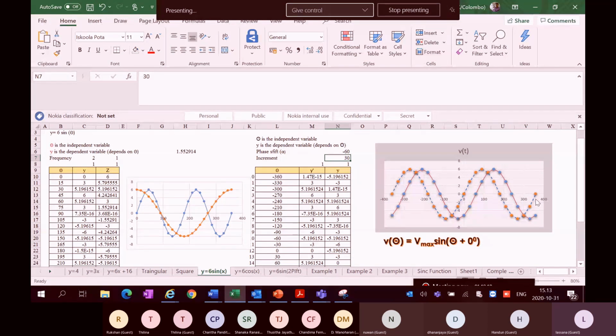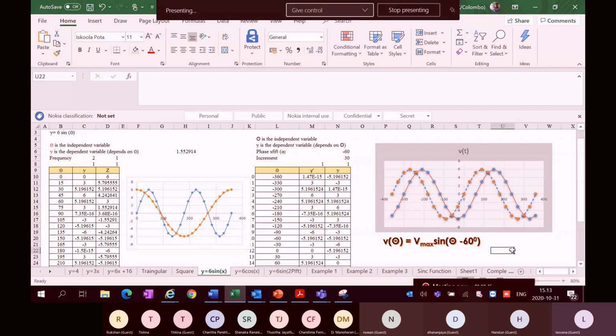In case your signal has a phase angle, for example, in this case my phase angle is minus 60. If your phase angle has a minus value, that means your signal may go to the back side.